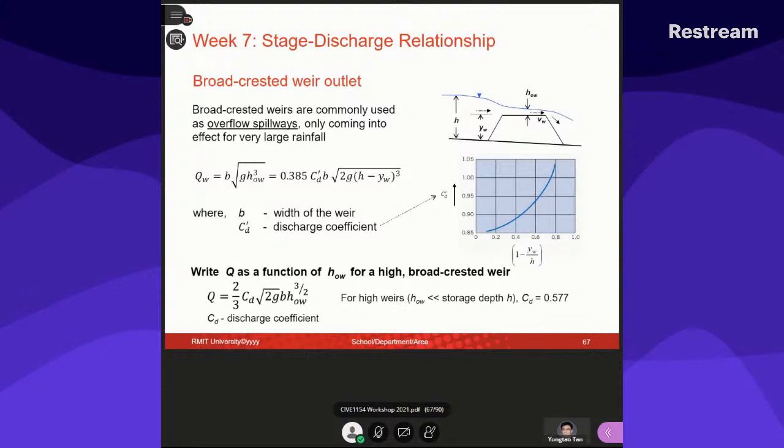Both are discharge coefficients, but they are different. Here I use CD, a different symbol, to represent the discharge coefficient.